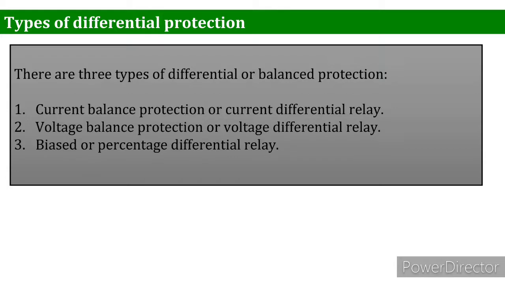Number one, current balance protection, or current differential relay. The second is voltage balance protection or voltage differential relay, and the third is biased or percentage differential relay. In our next slides, we will discuss each type with proper example and explanation.